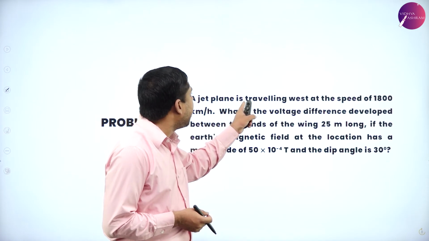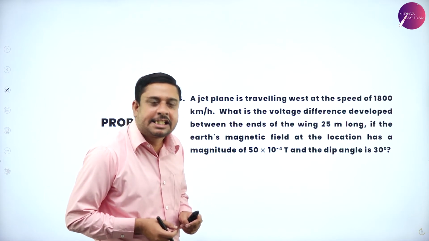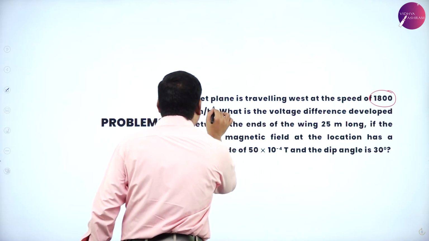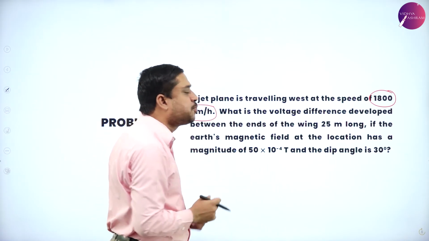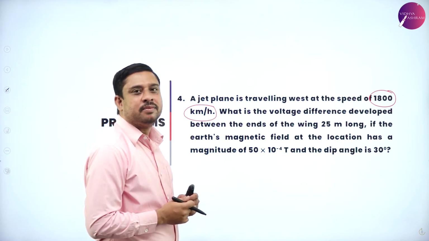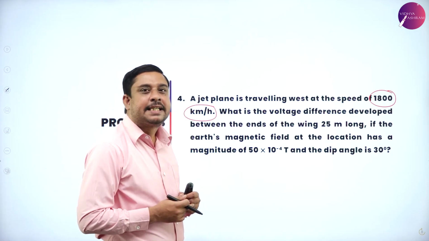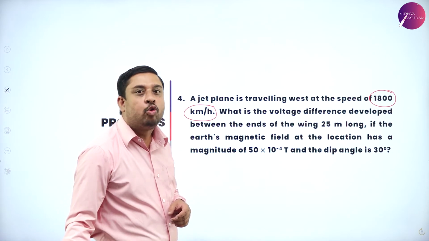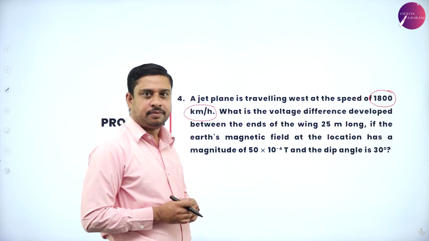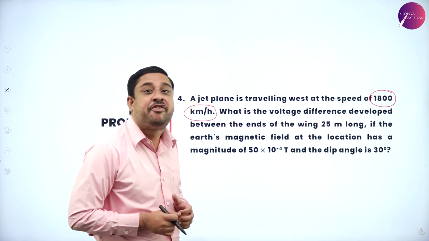A jet plane is traveling west at a speed of 1800 kilometers per hour. There is a jet plane which is traveling west at a speed of 1800 kilometers per hour. What is the voltage difference?